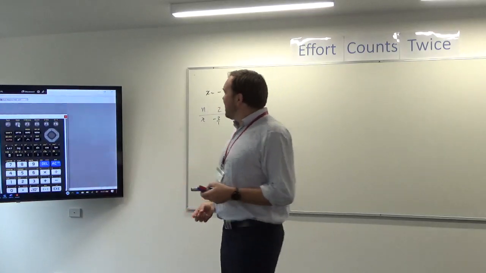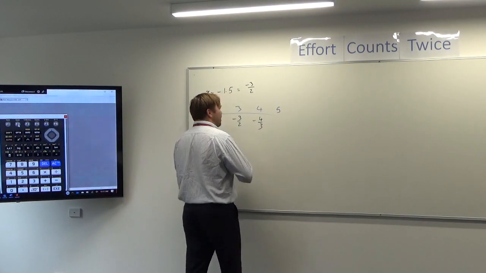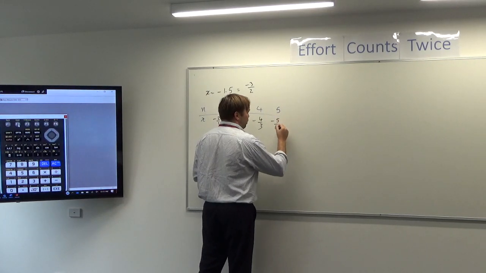And then go again, and you can probably guess before your calculator even verifies it for you that this is going to be minus 5 on 4.